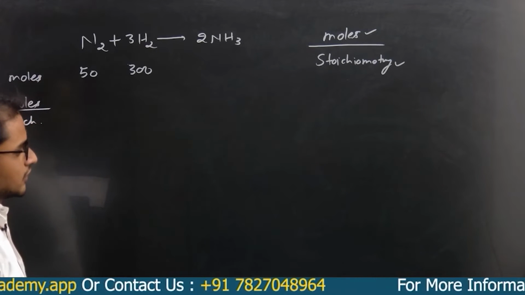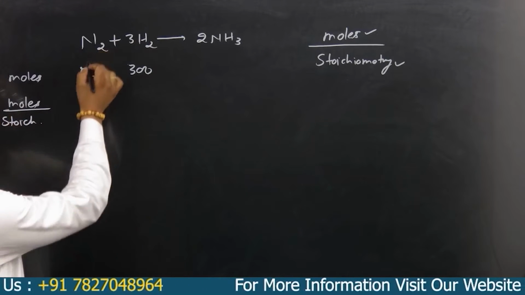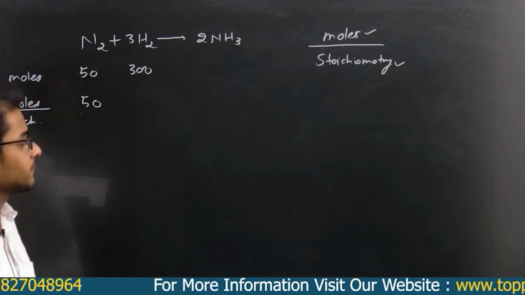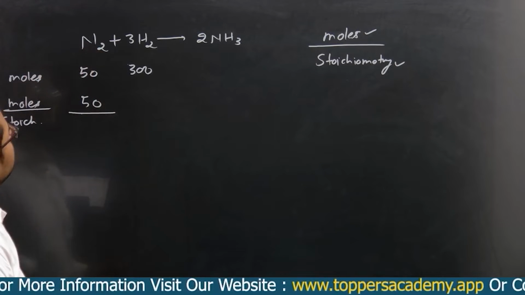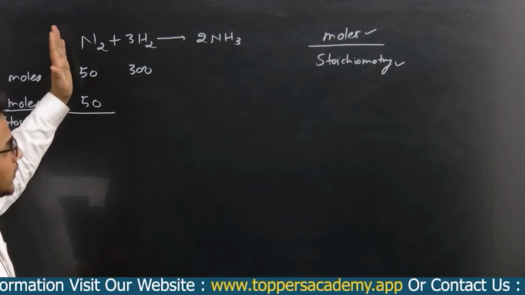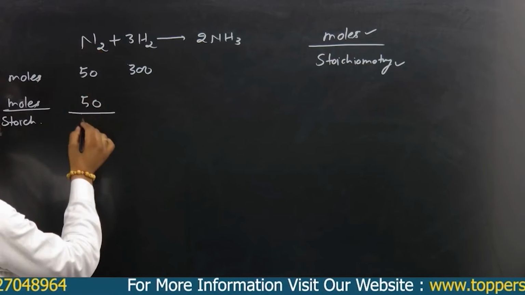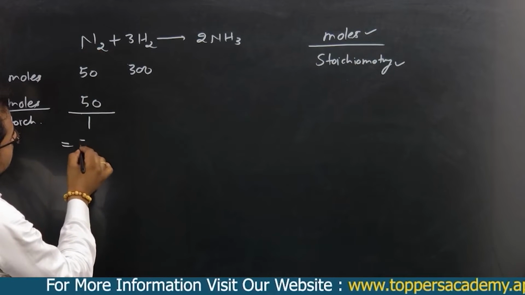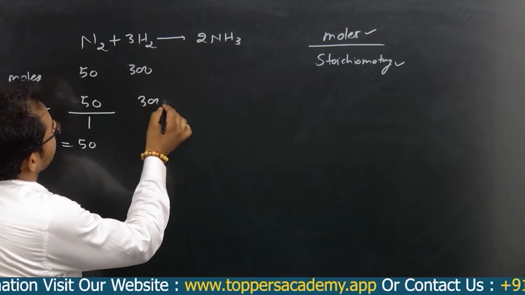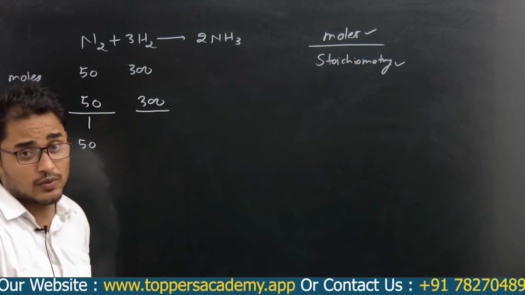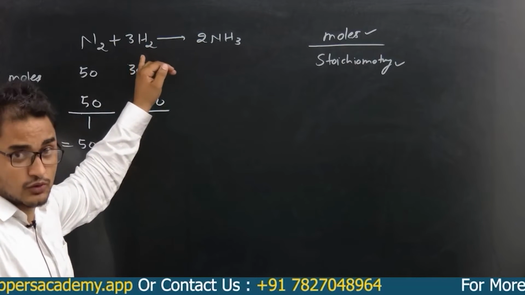Okay, so 50 moles, which is given in the question. And for the stoichiometric coefficient, no value is written before the N2 reactant, so I can assume 1. So 50 upon 1 is 50. And 300 upon the stoichiometry value, which is 3, the value written before the H2 molecule, right?